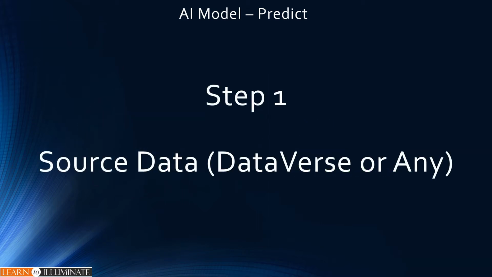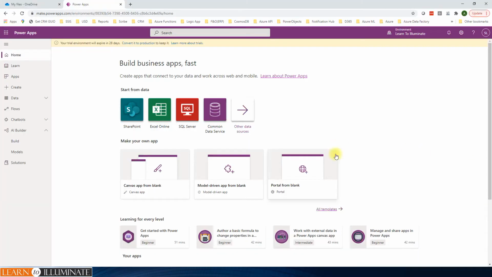Step 1, source data. I'll be using a Dataverse table as a source. We can use any source, Dataverse, SharePoint, or anything. Already I have created a table called Ride Booking on Dataverse. Let me show that. Go to powerapps.com and then click Tables under Data.